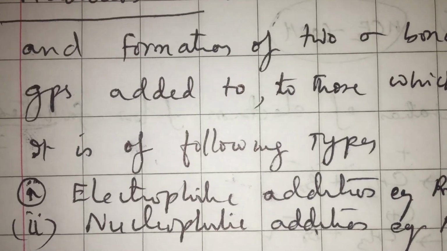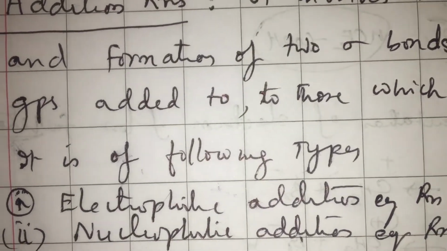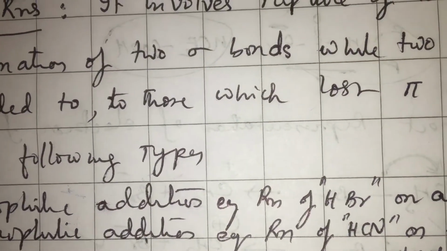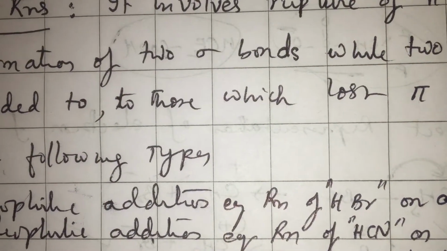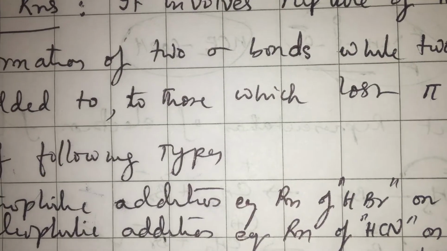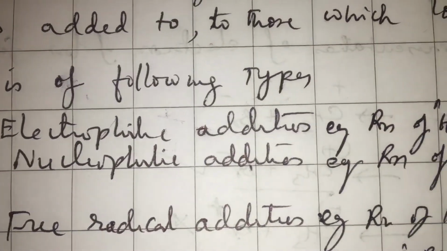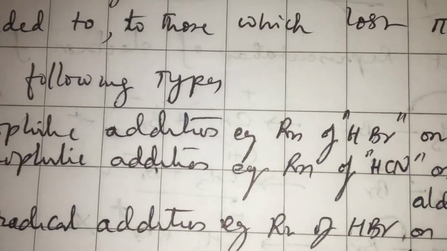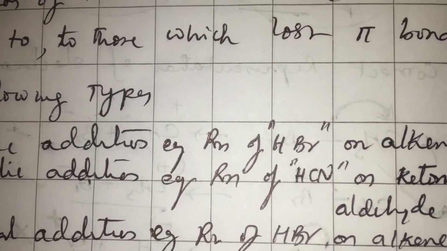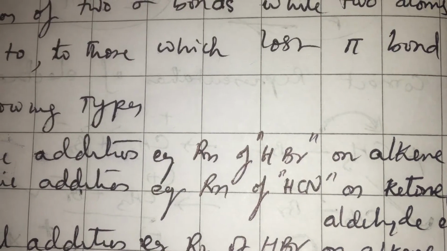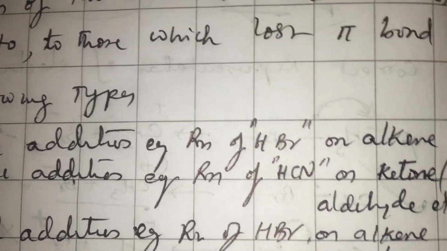Second thing, nucleophilic addition. Here the speed of the reaction depends on the attack of nucleophile, say CN minus, when HCN is added to aldehydes. The third thing is free radical addition reaction. When HBr is added to alkene in presence of light or peroxide, there is no electrophilic addition, it will be free radical addition.